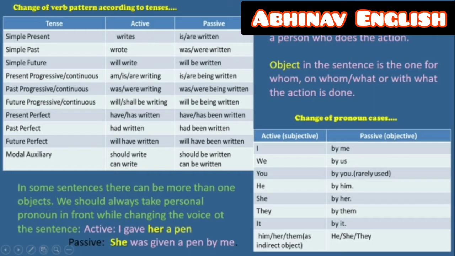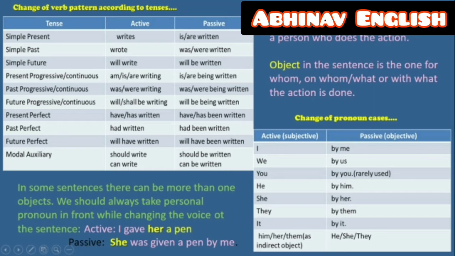Both are objects. One is pronoun, another is noun. So what will be our answer? She was given a pen by me. We always take the person as the subject of passive voice when there are two objects.